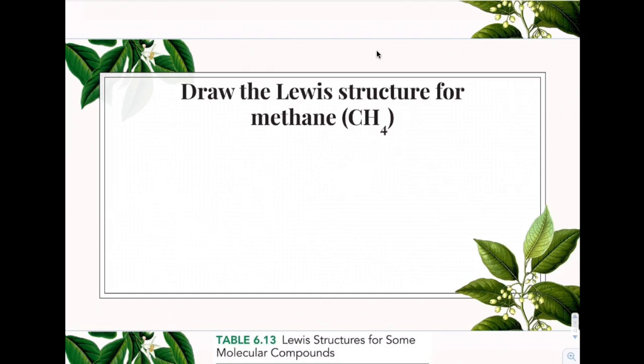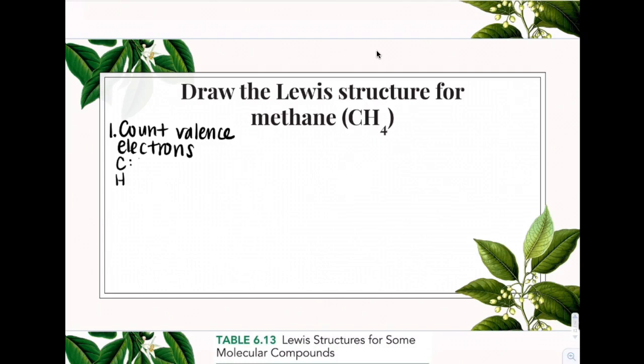So first, you're going to count all your valence electrons. I want you to think about valence electrons as being the total electrons that you have to have in your structure, and so we're going to count the valence for every atom that's in our structure. So I have carbon and I have hydrogens.